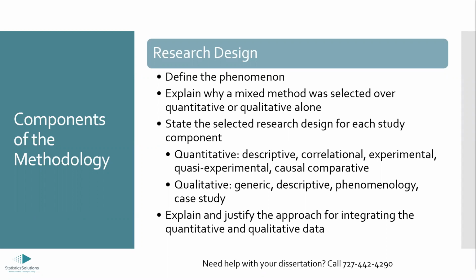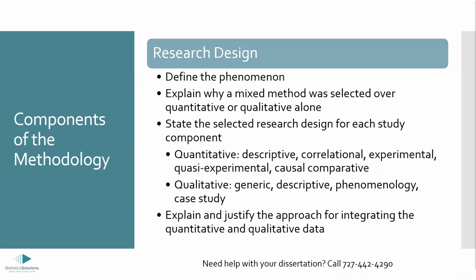Now, after you've justified why you need a mixed method to answer your research aims, you want to state the specific research design for each component of your study, if applicable. So for quantitative, the different types of research designs that you may have include descriptive, correlational, experimental, quasi-experimental, or causal comparative, just to name a few.